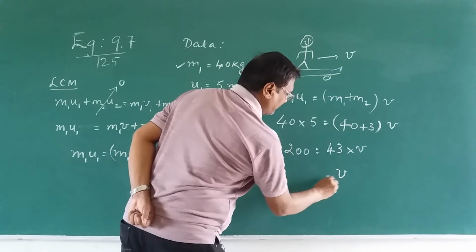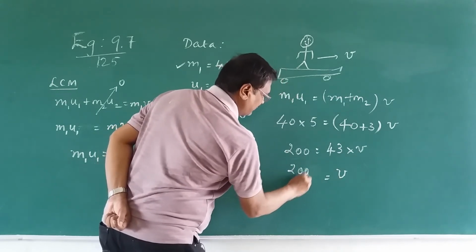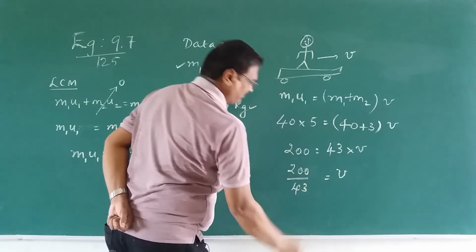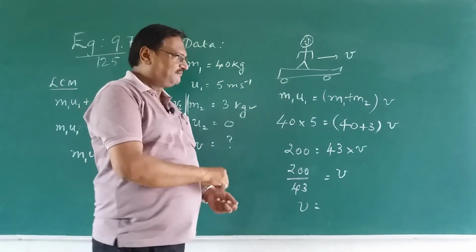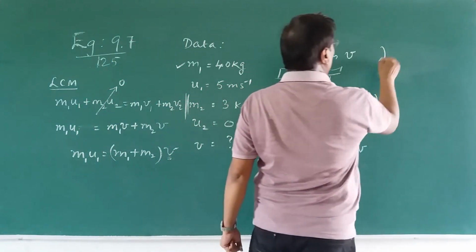So the final velocity is 200 divided by 43. I think you should do this, but anyway I will try to do it here.